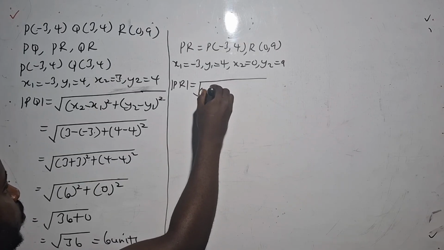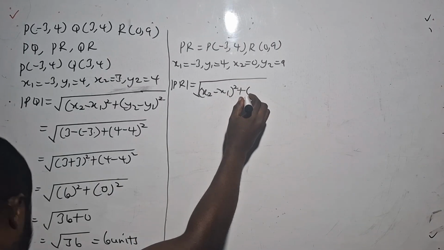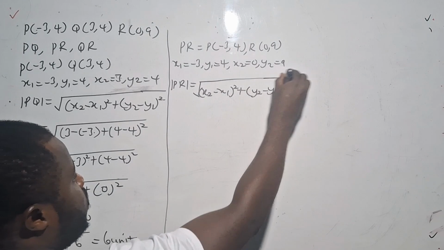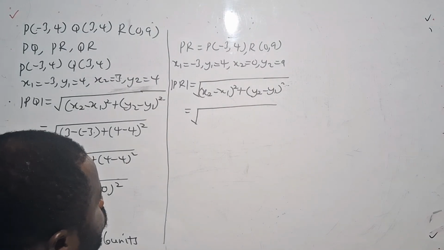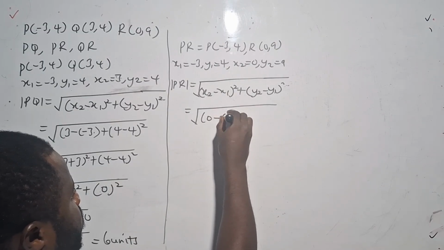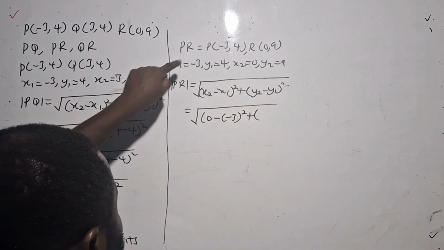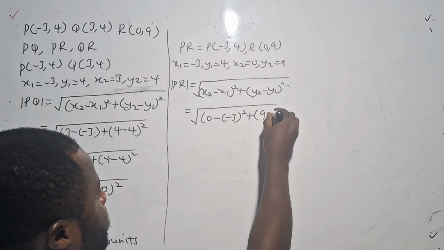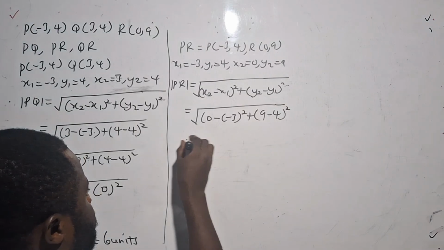so x2 minus x1 squared plus y2 minus y1 squared. So x2 is 0, x1 negative 3, then plus y2 9 minus y1, which is 4 squared.